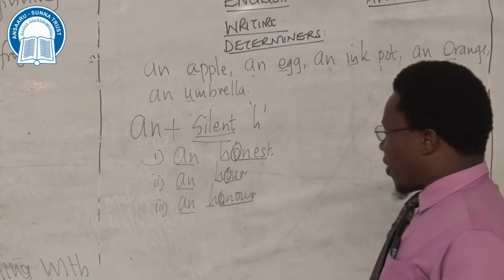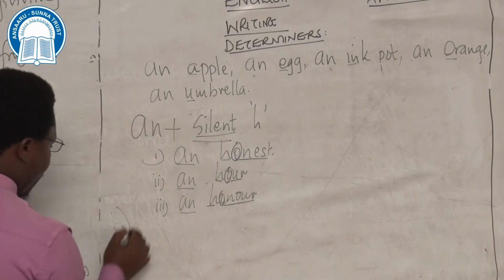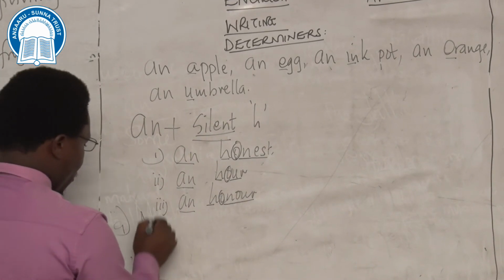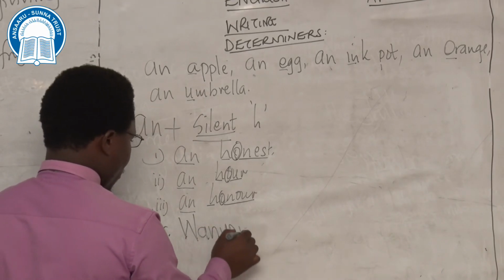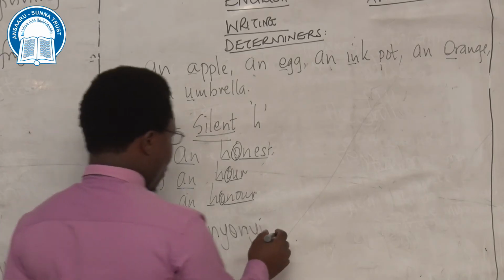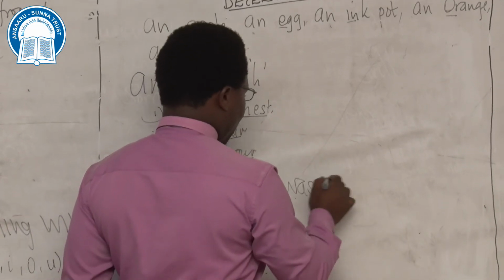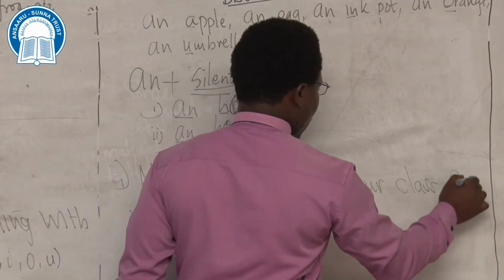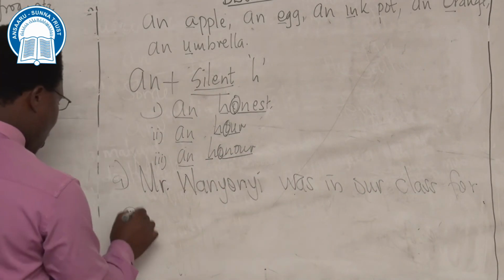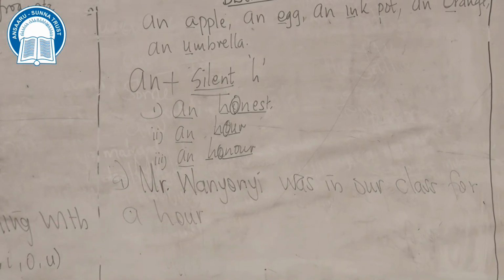So it is wrong, for instance, to say that Mr. Wanyonyi was in our class for a hour. That's a very wrong sentence.